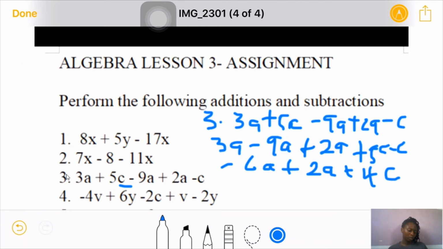So I was owing 6 and I've been given 2 cedis. So in this case, I'll have negative 4a remaining because I've paid off my debt of 6 cedis with 2 cedis, so I'm still owing 4. That's negative 4a plus 4c. So this is the final answer. So I'll just cut this.